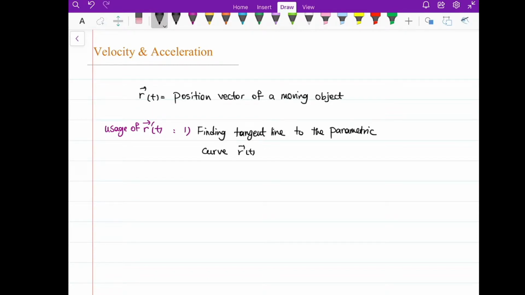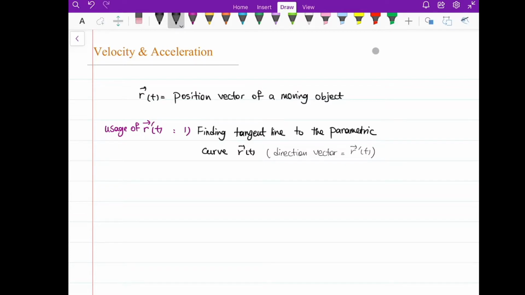Since r prime is tangent to the curve r of t, we can use r prime to find the tangent line, and actually the direction vector of the tangent line would be r prime of t.